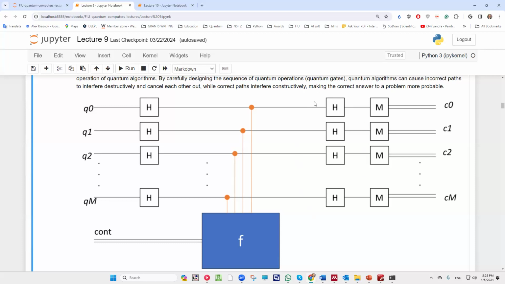And there is, of course, another layer of Hadamards to close the coherence and enable the interference.